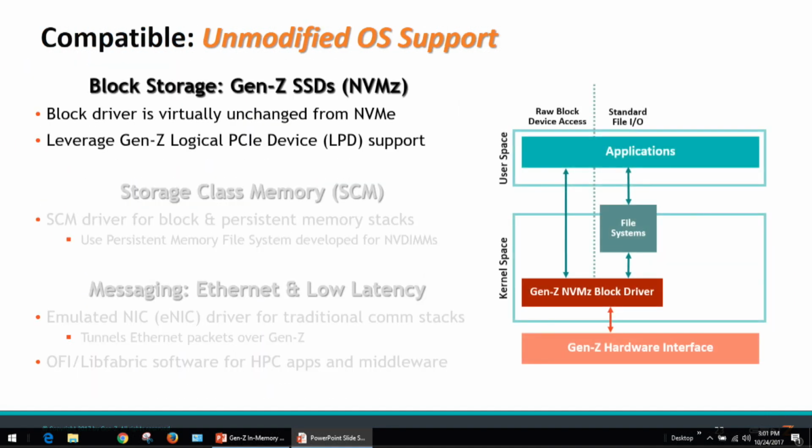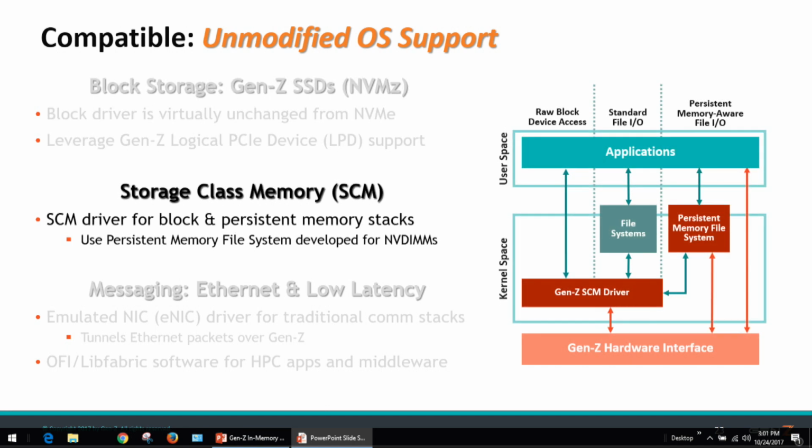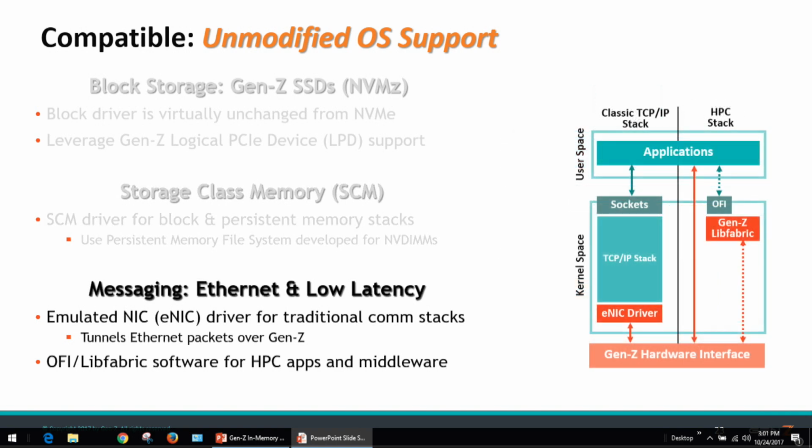We can support unmodified OSs. This is really critical from a transition perspective. You can run block storage type solutions, you can run storage class memory solutions, and you can do messaging solutions. All the OS sees is normal NVMe drives, for example, if that's what you want to do. They see normal memory that's just mapped in transparently like it's done today.